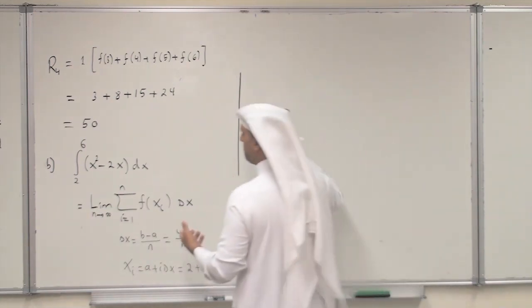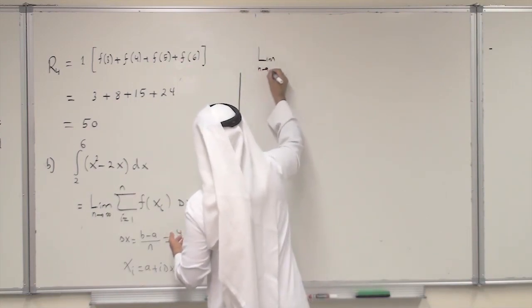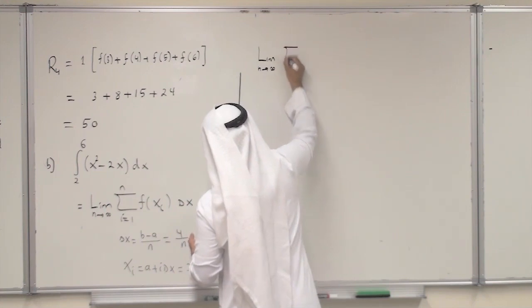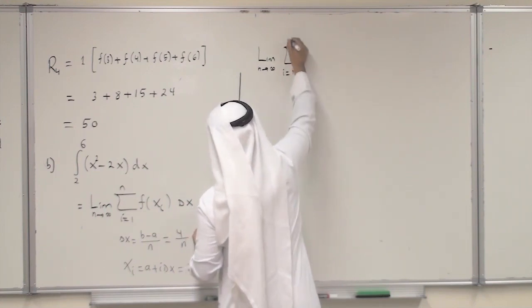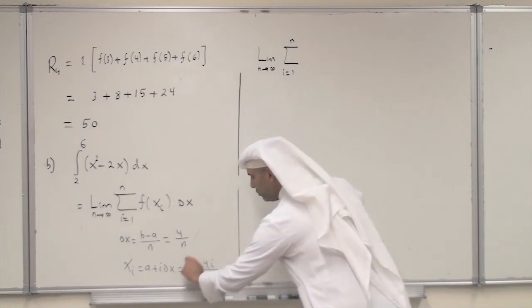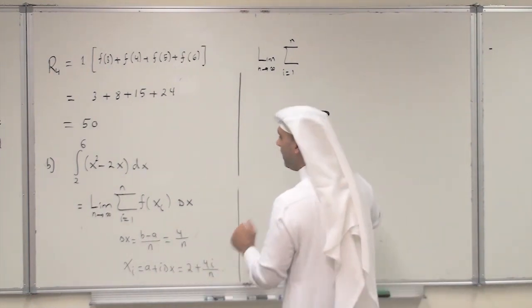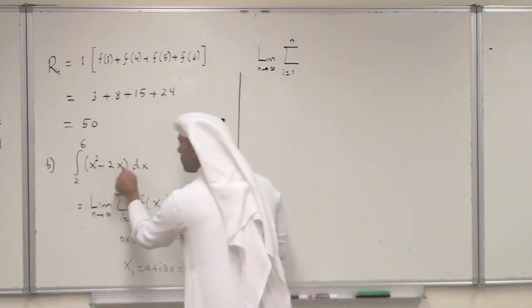Let us substitute. We need to evaluate the limit as n goes to infinity of the summation i equal to 1 up to n of f of xi. These are the xi's, we have 2 plus 4i over n. We substitute in the function there. Which is the function here? x squared minus 2x.